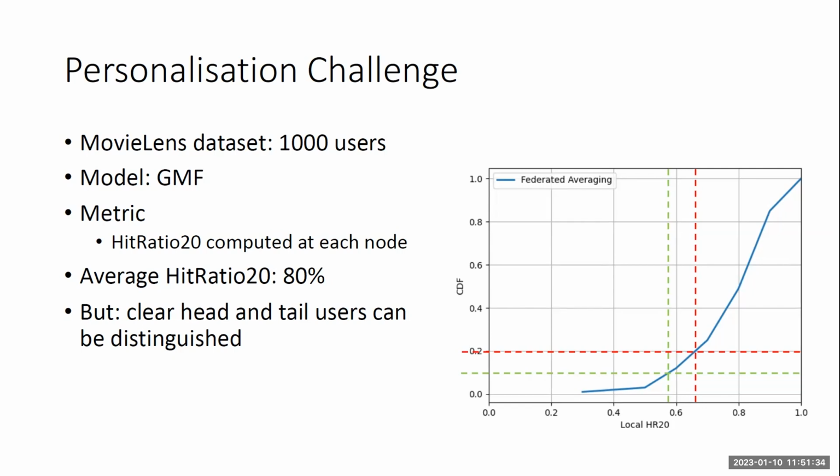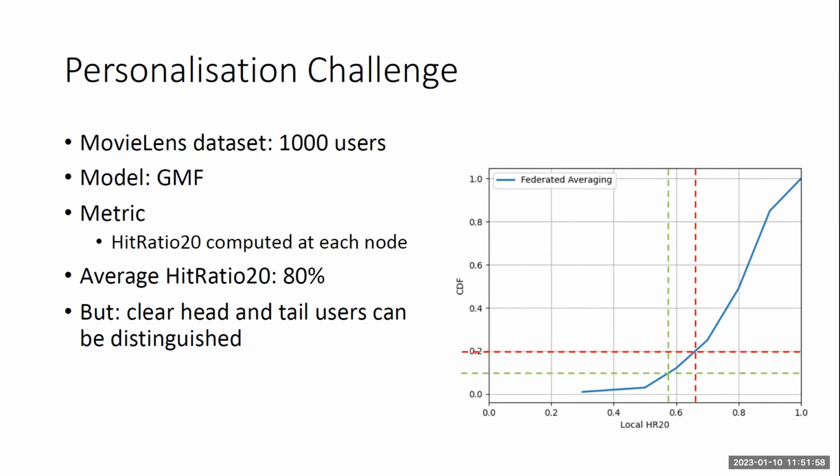The model used here is generalized matrix factorization. The metric for evaluating the quality of the recommendations is the hit ratio at 20, which means that we recommend 20 items to each node, and you compute the percentage of items that the user has liked among the 20 recommended items. Of course, the higher, the better.